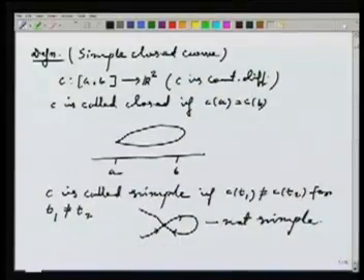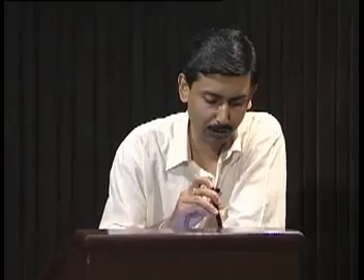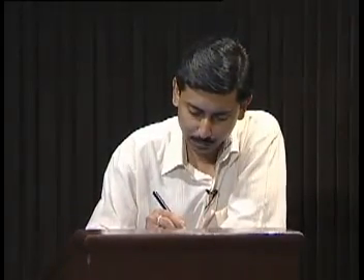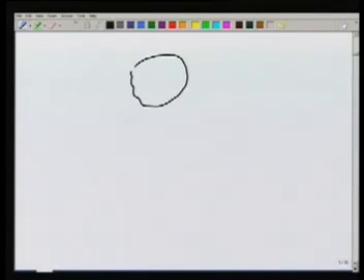Okay? With this, what we are going to deal with is certain directions. Whenever I talk about a region R, this is a region R whose boundary is a curve C. Now this curve C has a direction.